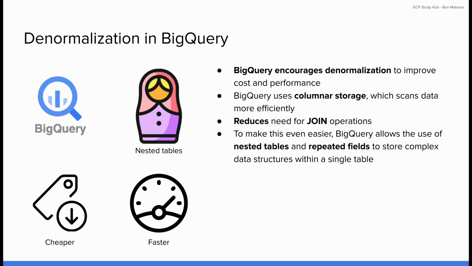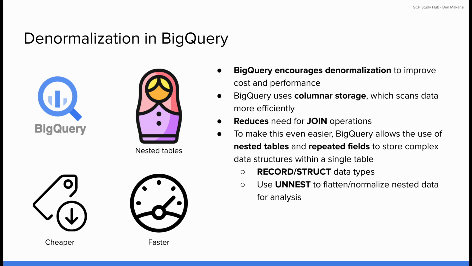But for now, these nested structures are technically known as a record or struct data type. And if you ever need to analyze or flatten the nested data, you can use the unnest function in BigQuery.